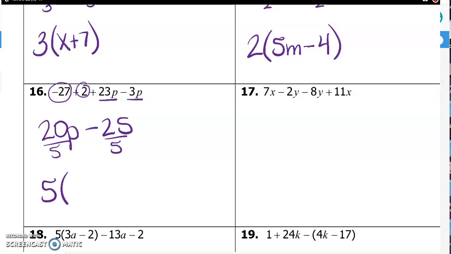And then we show that we're dividing by 5. So that gives us 4p minus 5. Instead of doing the dividing, you can also ask yourself, 5 times what gives me 20? Well, that would be a 4, and then the p has to go. 5 times what gives me 25? That would be a 5. So if you don't want to divide, you can think of multiplying instead.